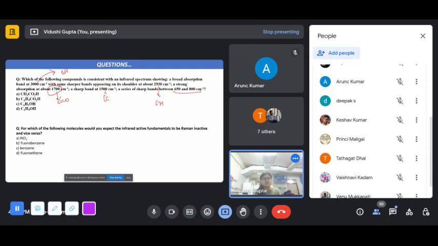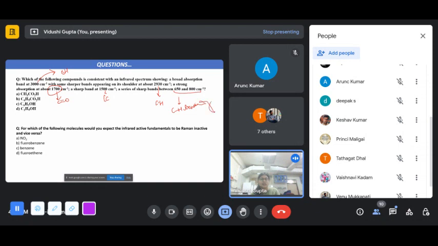Now what about 650 and 800? What are these bands? They correspond to aromatic CH bending. Just remember, when there is a carbonyl, there will be a peak near 1700.